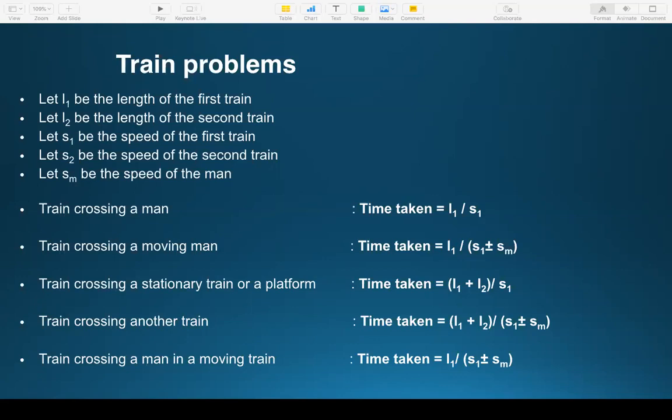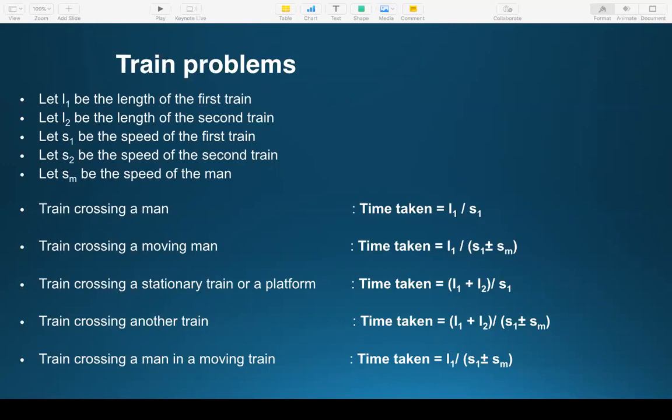The time starts when the engine or the first coach of the train just crosses you, and the time ends when the last coach of the train has crossed you completely. Now this entire duration is the time taken by the train to cross you.